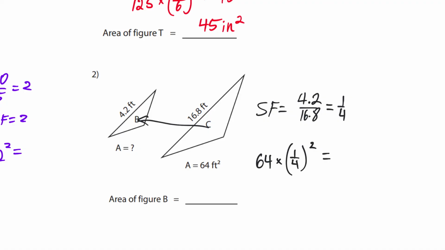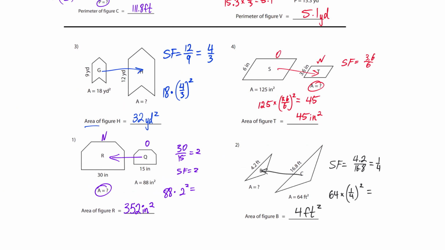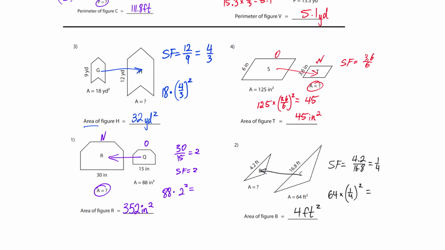So what is it? It's just 4. Well, on that one, since this is the one you're looking for, it's going from C to B on this one.